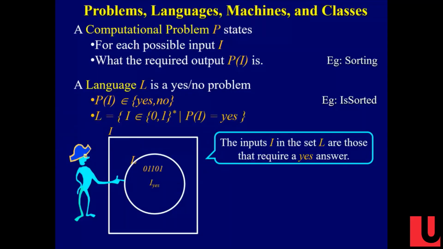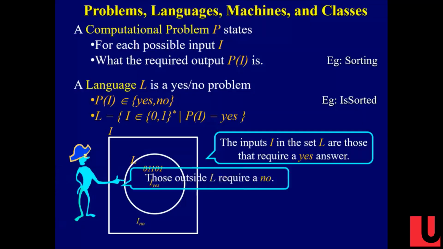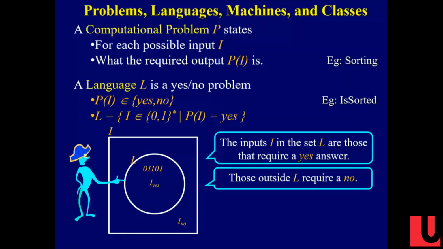And so the language is the set of all binary strings for which the answer is yes. We'll be using that notation. The ones out here are the no instances.